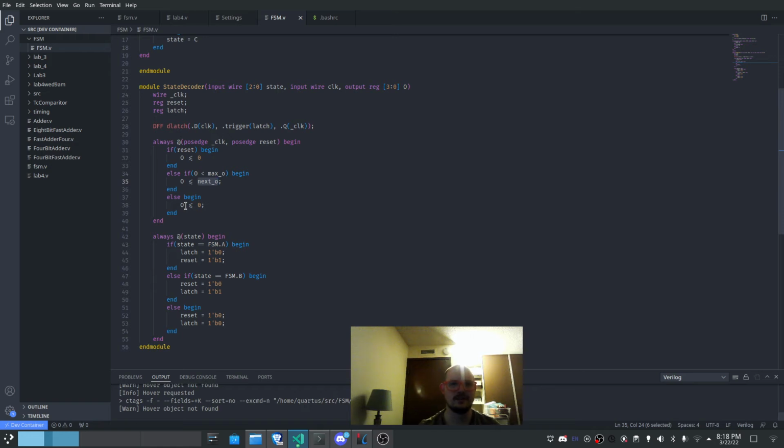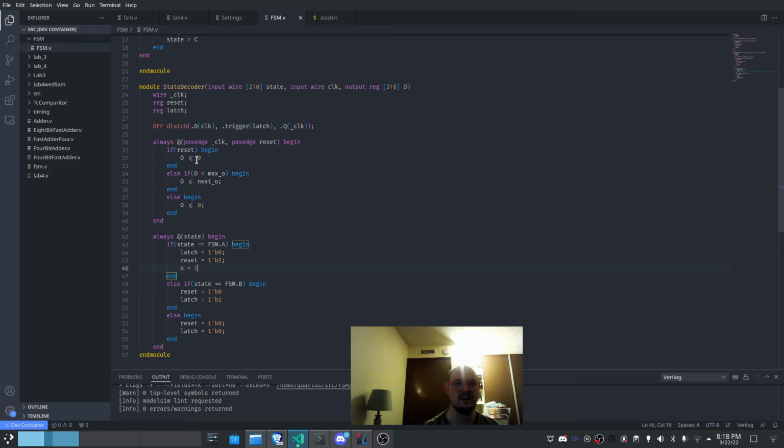So this should give you a better understanding of how all of this is working, how we can separate our pieces into distinct logic so that we aren't overlapping with trying to set values in multiple always blocks. Essentially, if I were to try and set O equal to 1 in something like this, I would get an error because I'm already driving O in this always block.